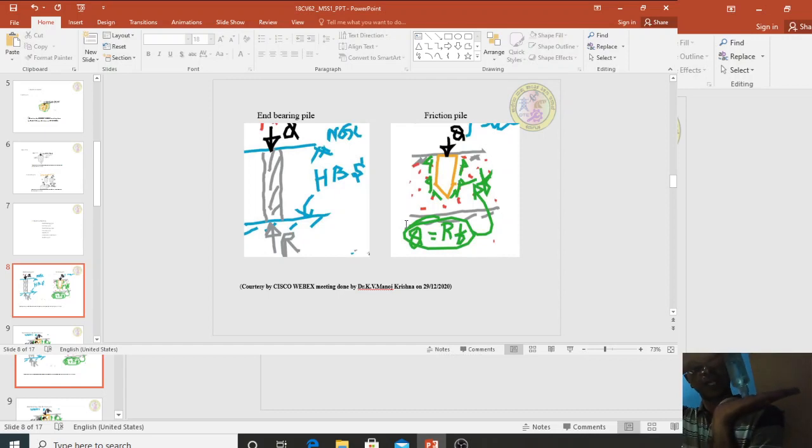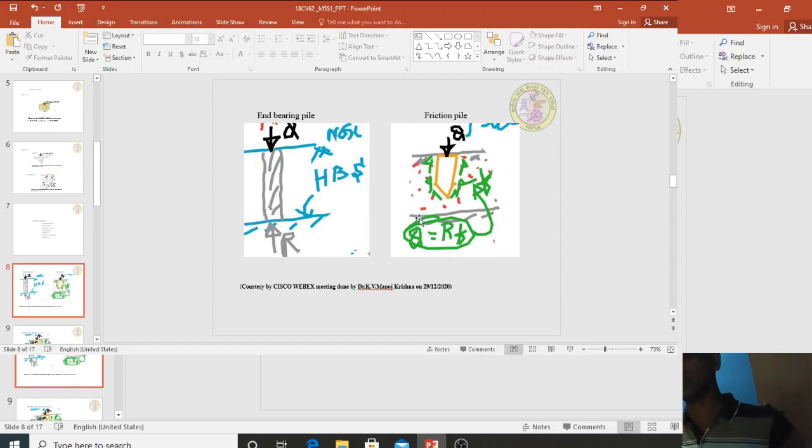The entire pile will be taken up to the hard bearing stratum, so that the load on the pile is transferred onto the hard bearing stratum. Whatever Q we apply is transferred onto QP, the end at which it is acting. That is called end bearing pile.